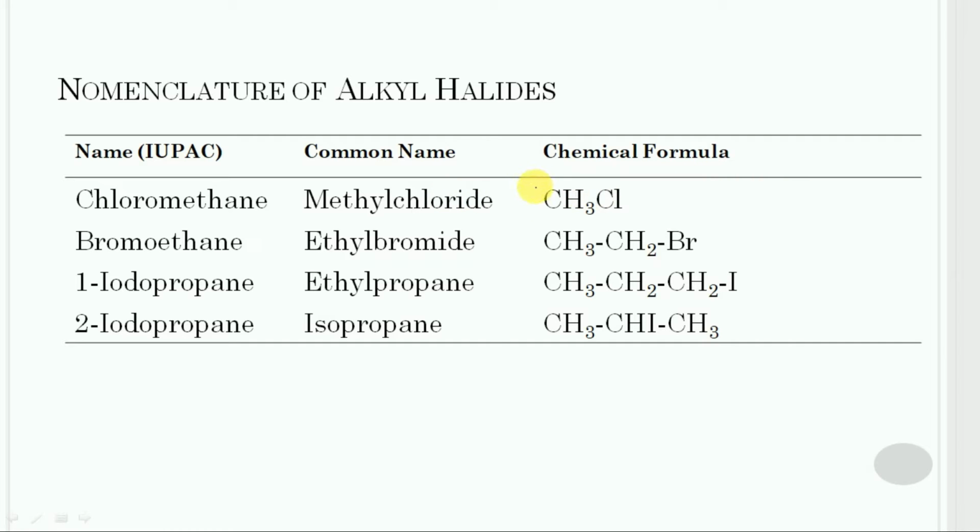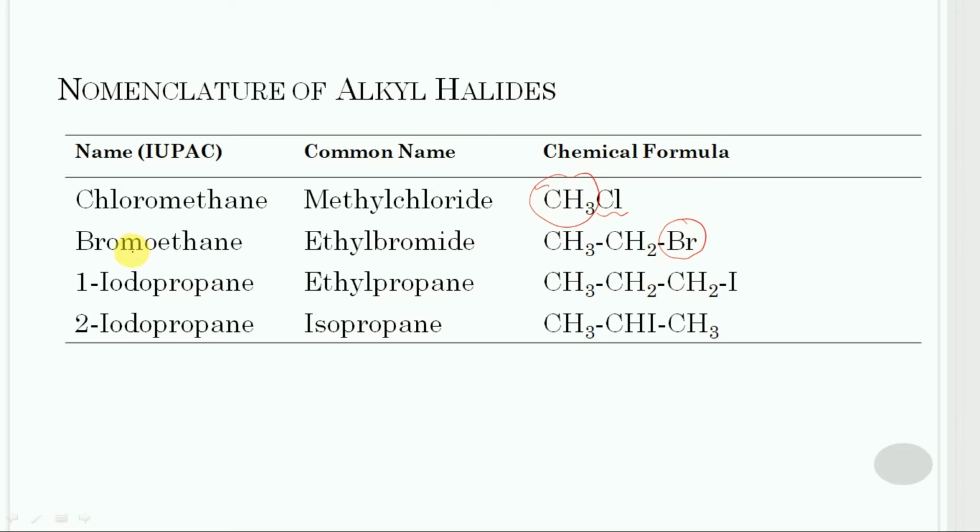In this case, there is only one carbon and one hydrogen from methane is replaced with chlorine. So it is chloromethane. Similarly, in this case, one of the hydrogens from ethane is replaced with bromine.